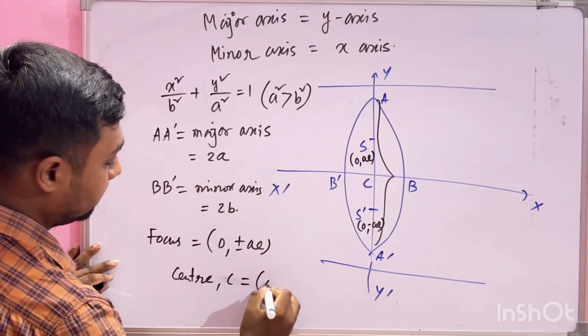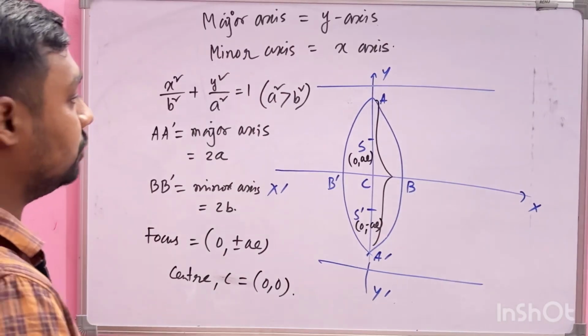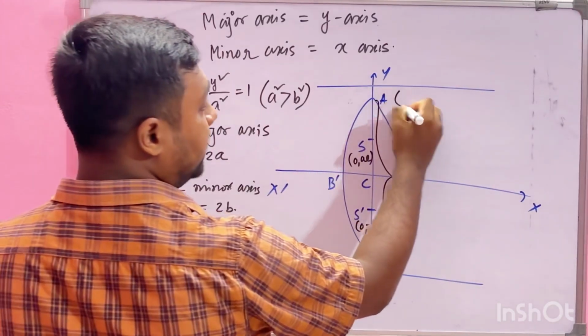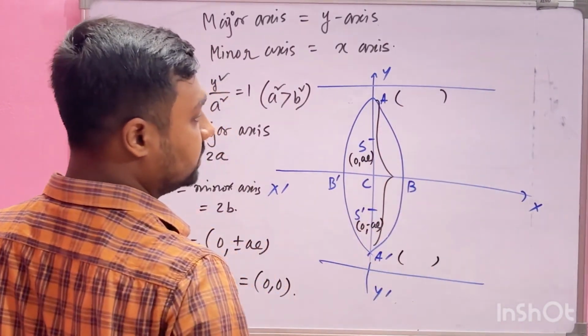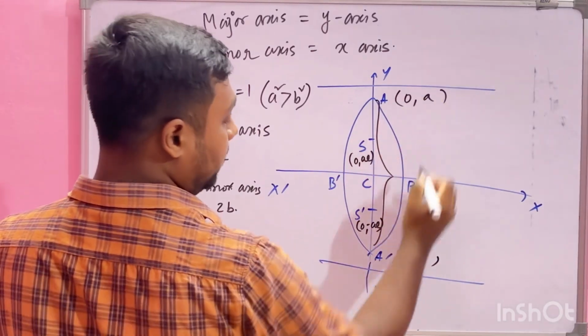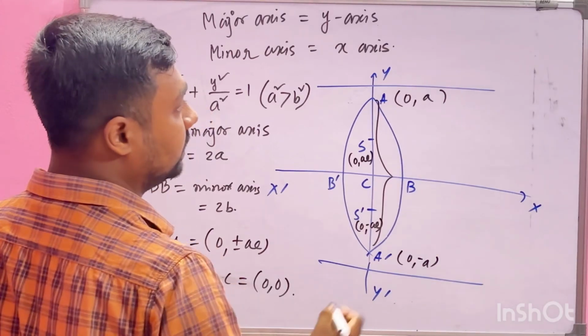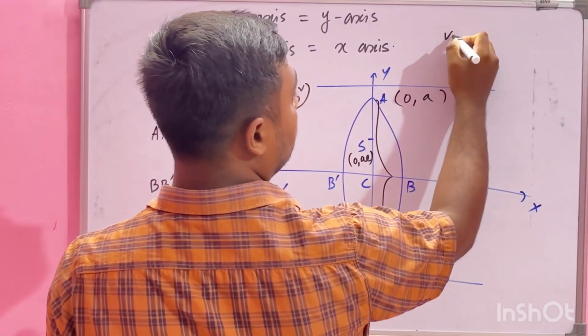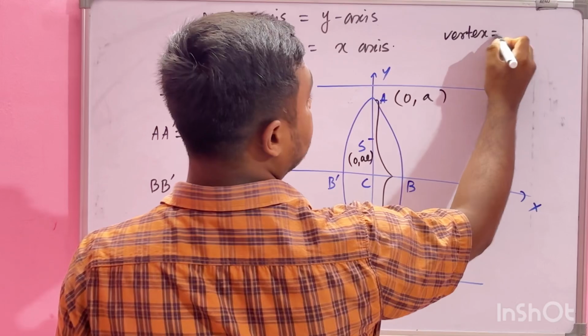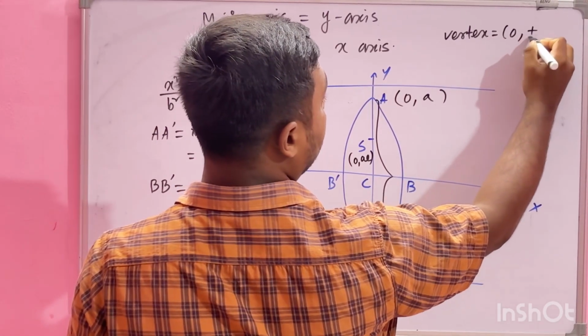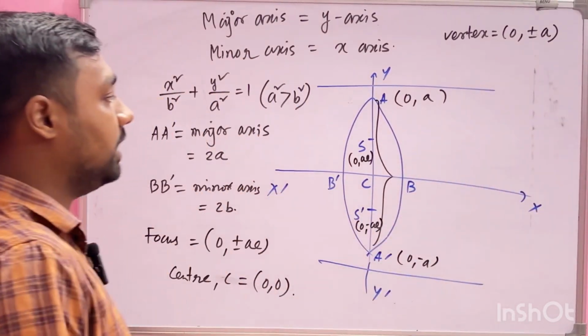Center C is (0, 0), and these are the vertices. A and A dash are the vertices. So the vertices are (0, a) and (0, minus a). These are the vertices of the ellipse. So the vertices are (0, plus minus a).